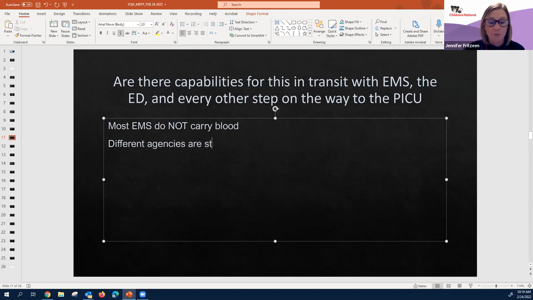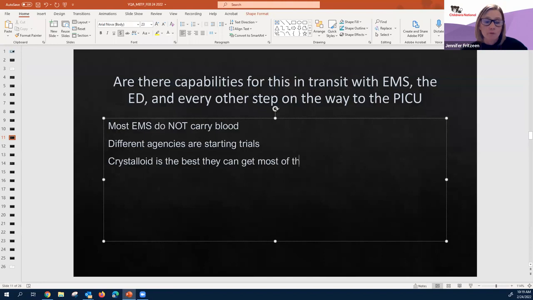So no, en route to the hospital, crystalloid is the best your patient can get. Once the patient gets to the emergency department, we can start massive blood transfusion. And once we start it, we can take whatever we have with us. So if we've done A and we have a cooler full of B and we haven't used it, definitely take that as you transfer to the OR or the PICU.